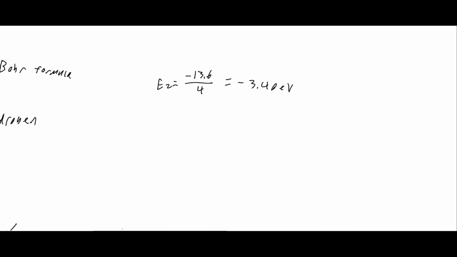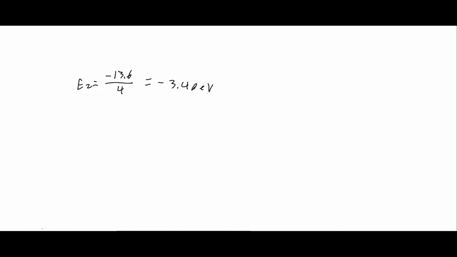And so E2 is equal to minus 13.6 divided by 4, and that is equal to minus 3.40 electron volts. And so that is the ionization energy, or the binding energy of an electron in a hydrogen atom at the next level up from ground state.